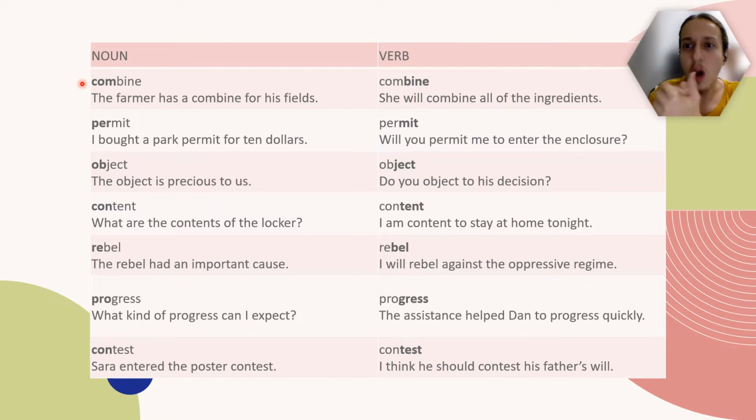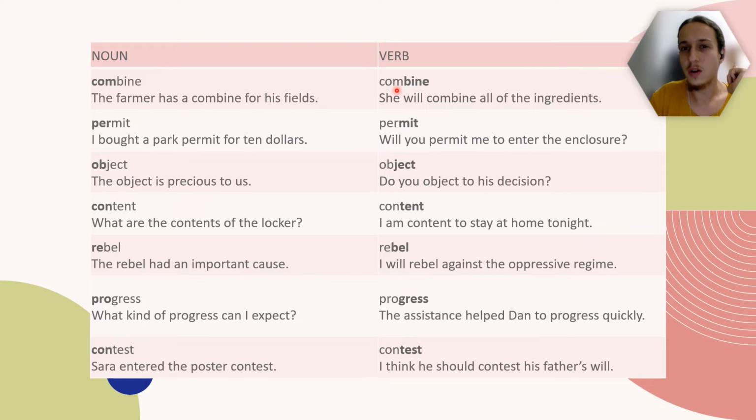Pronunciation. Combine. Combine. You see the accent? Combine as a noun. Combine as a verb. Combine.